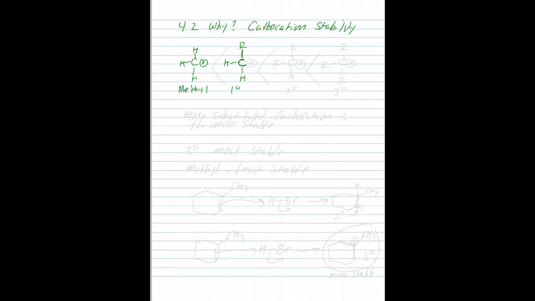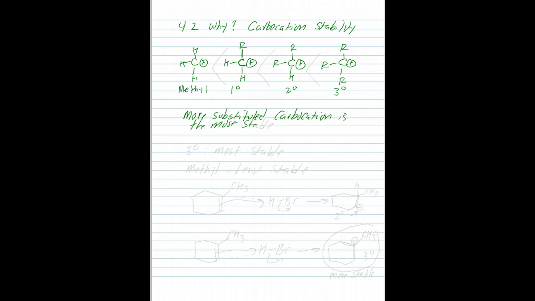This is a primary carbocation. And then we have a secondary carbocation. Finally, we have tertiary. We will talk about some more of them, but for right now, let's just talk about these 4. Basically, how stability works is the more substituted carbocation is the most stable.